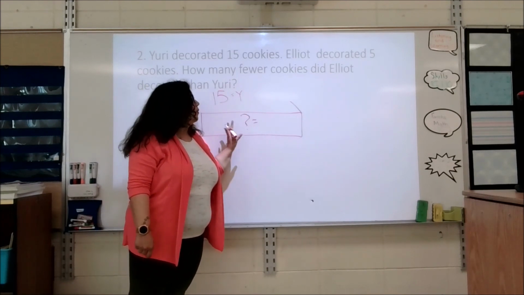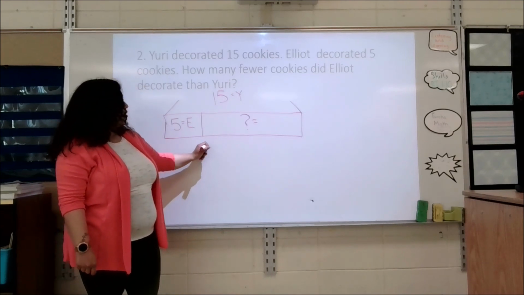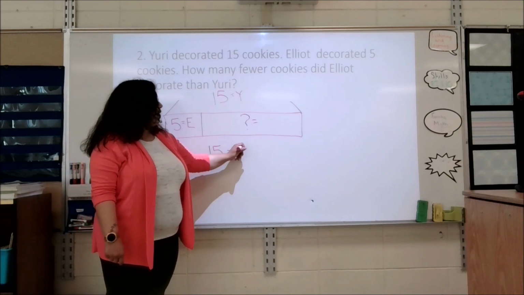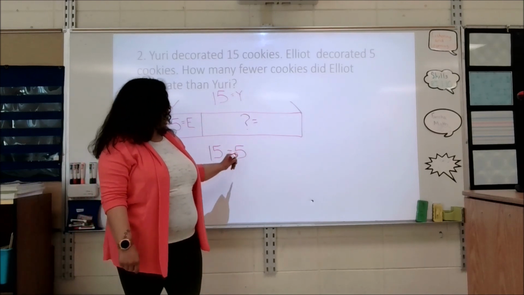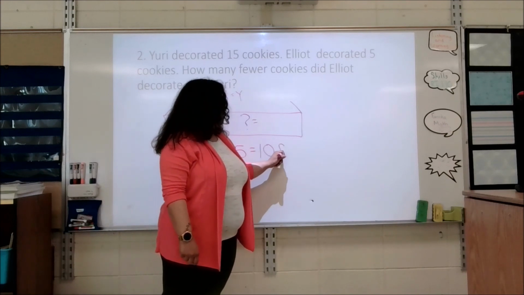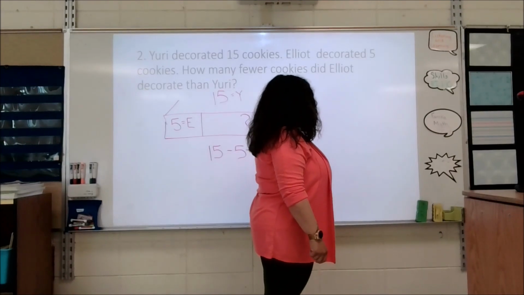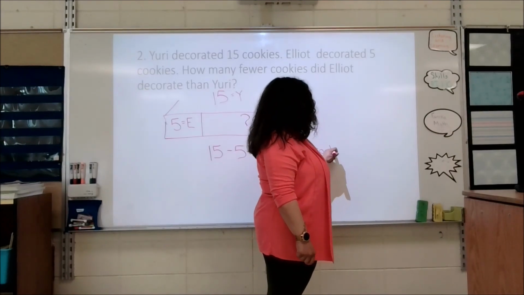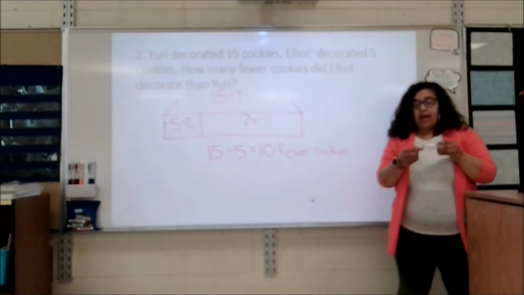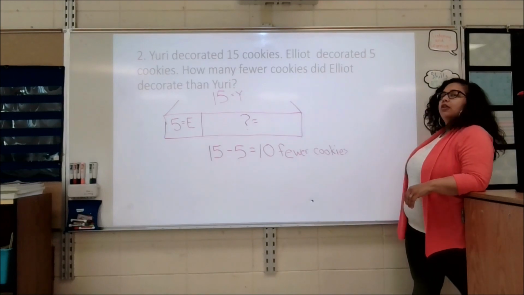This is going to be the difference between the value of cookies. So, Yuri's 15 cookies minus 5 decorated by Elliot leaves us with 10 fewer cookies. Elliot decorated 10 fewer cookies than Yuri.